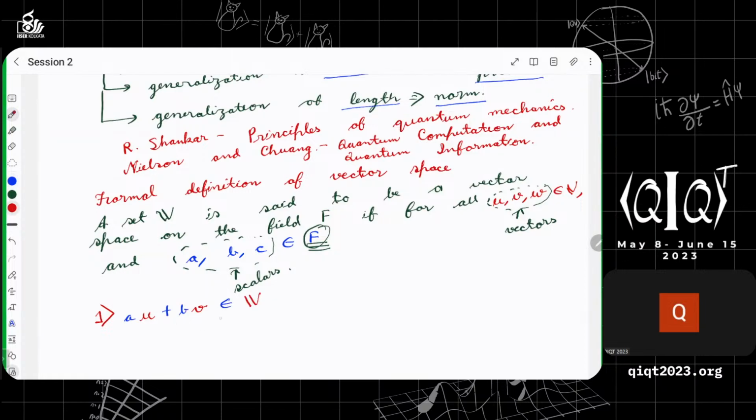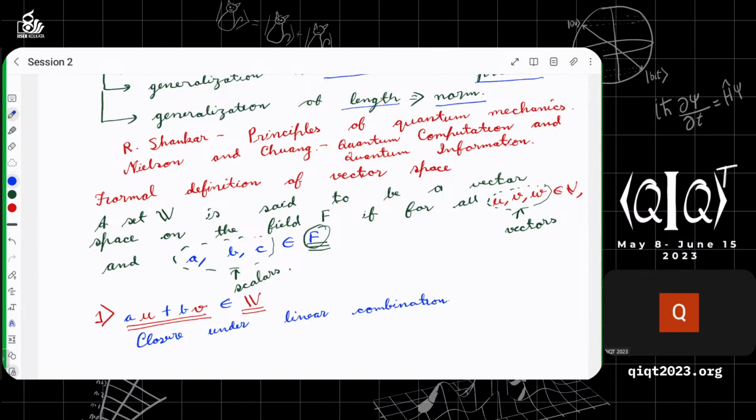If on taking the linear combination, that element is also a part of the same vector space, then this condition is called closure under linear combination. And this is the first criterion for the set V to be a vector space. And there are several other criteria.